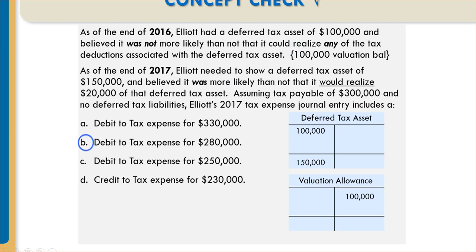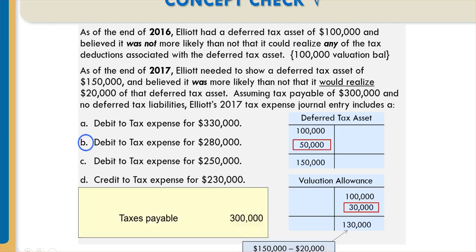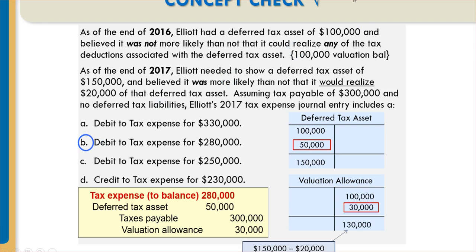So I'm going to go down here and show you what happens, because they want this and this to net to 20. They're going to have to put 30 here as a credit. They're going to have to put 50 in here as a debit to get this to 150.